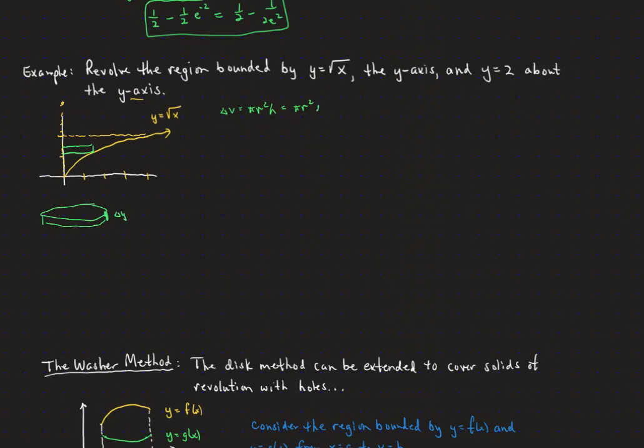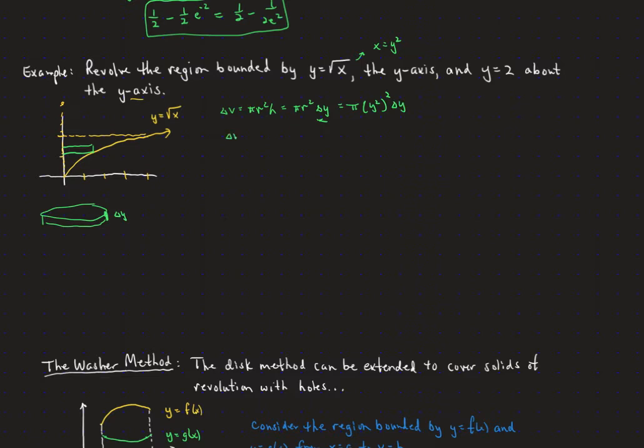Now that has significance. That means we want our radius to be a function in terms of y. So we're going to have to rewrite our y equals square root of x as x equals y squared. So that's going to make our radius y squared, squared, and then there's our delta y.